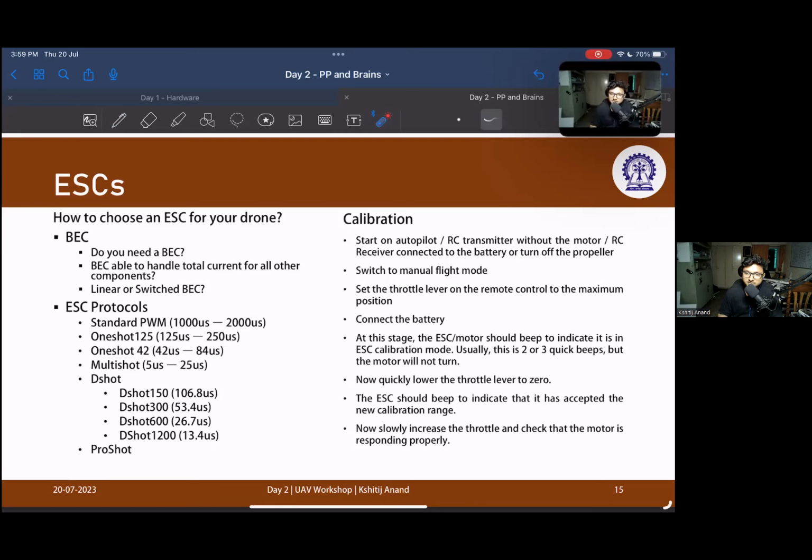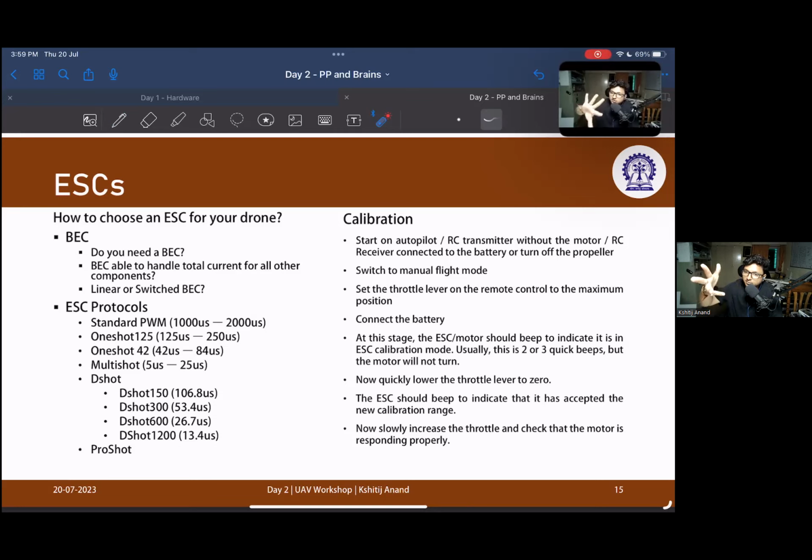If you are an advanced person who has already had some encounter with drones and you are experiencing latency issues in control by your ESC, then this is the thing you want to work on. For example, if you want to make a very, very fast turn, your ESC should be able to send signals very quickly to your motor.